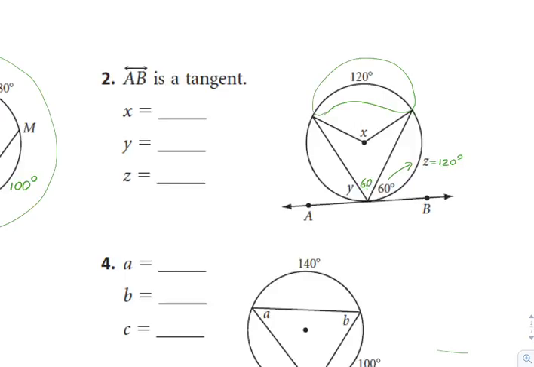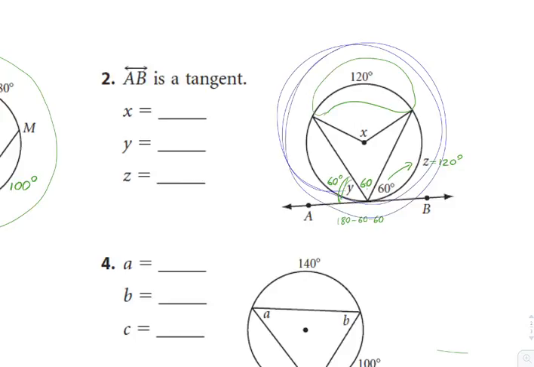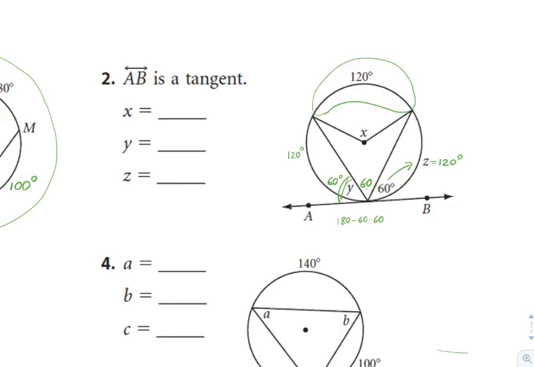So that means the other portion of this angle here, y, must be subtracting from 180. You get 180 minus 60 minus 60. We get a leftover of 60 degrees. We could have also seen that this total is 360, and the leftover over here is 120. Dividing it by 2, we get 60.